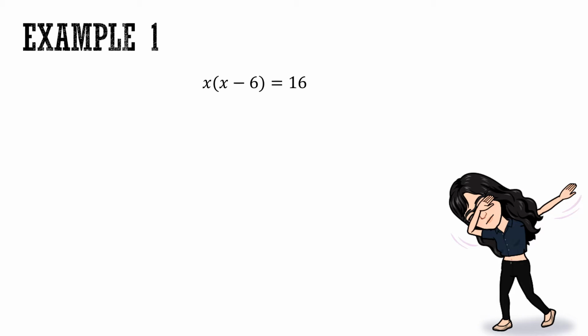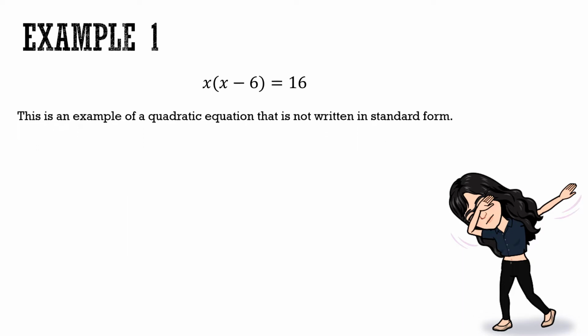Example number 1. x times the quantity x minus 6 equals 16. This is an example of a quadratic equation that is not written in the standard form. Let's transform the given equation into a quadratic equation. First, we must find the product of x and x minus 6.